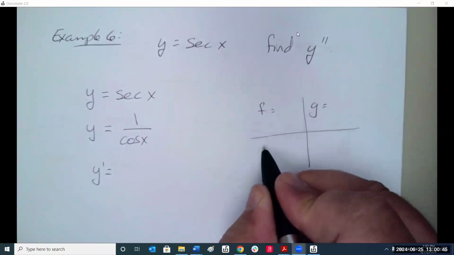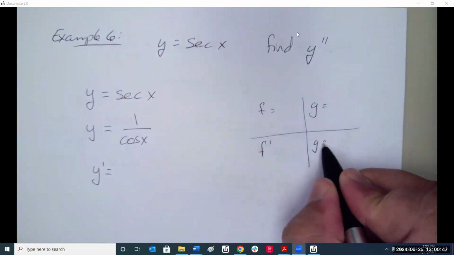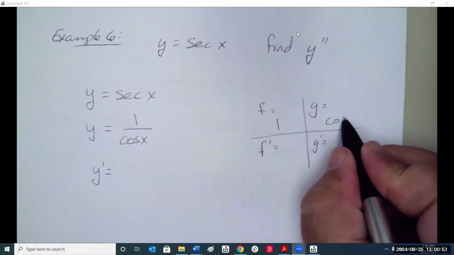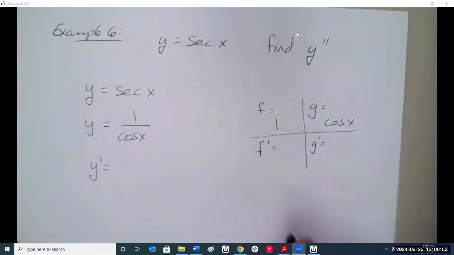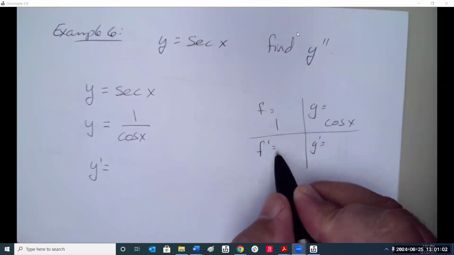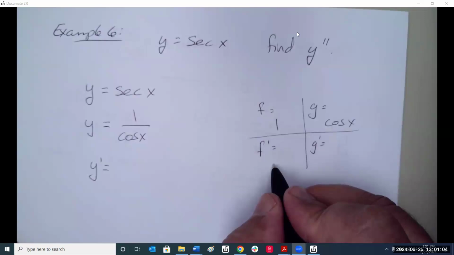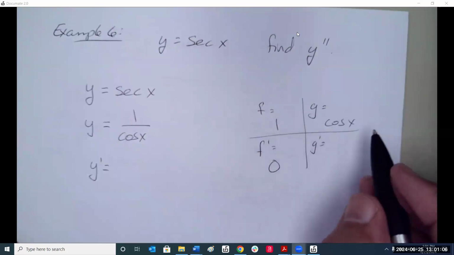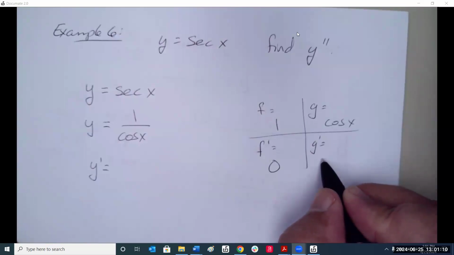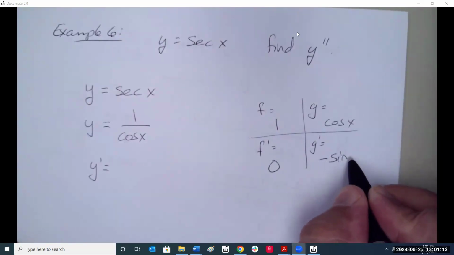f g, f prime g prime. So 1 over cosine x. Derivative of 1 is 0. Derivative of cosine, negative sine.